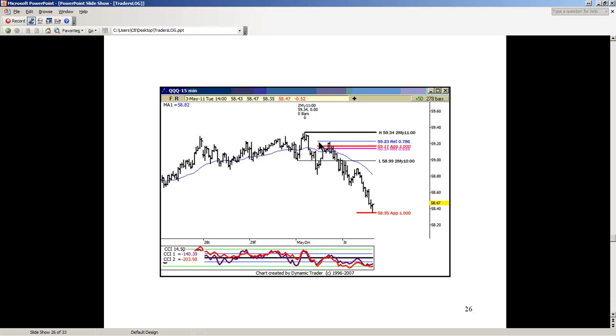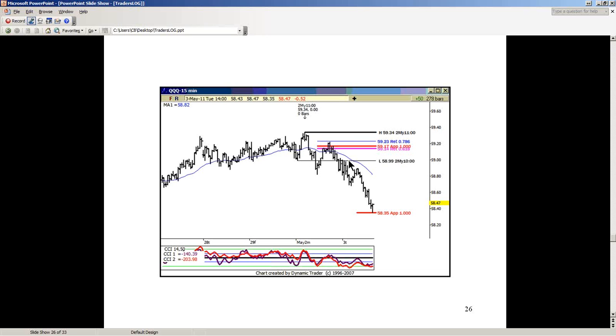The first indication that the timing might be kicking in was taking out this prior swing low at 58.99, and your choice is either to short it on the break of the low and place the stop above the high, or you wait for the next pullback and then you still place the stop above the high.